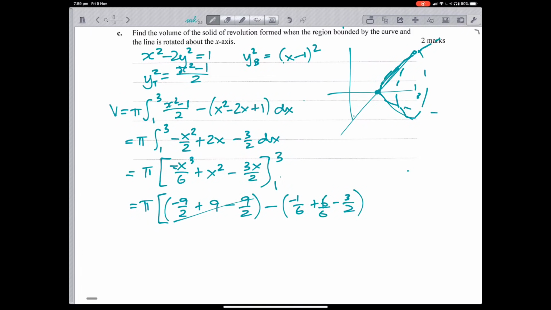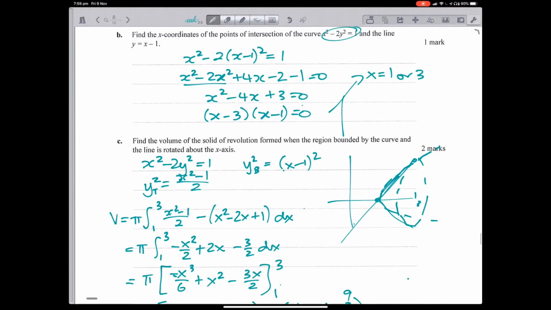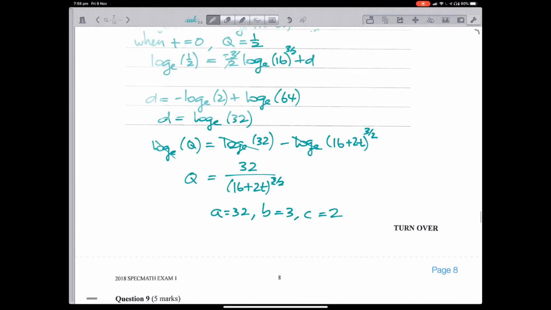Common denominator 6, times it by 3, so I get 9. So I've got minus 1 plus 6 plus 5 minus 9 is minus 4 on 6. I've got a minus there, so minus 4 on 6 is plus 4 on 6, which is 2/3. So 2 pi on 3 units cubed for that volume.